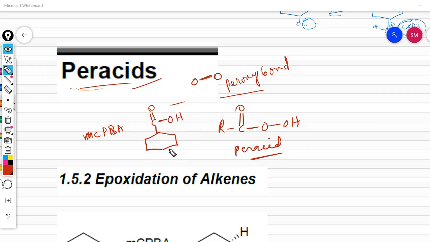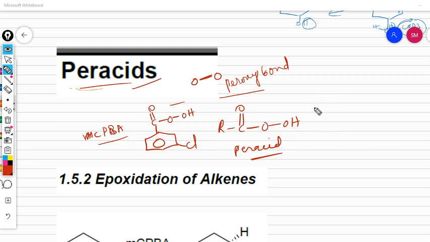If the benzoic acid is having a peroxy bond, then it is said to be peroxybenzoic acid. If it is having chlorine at its meta position, it will be called metachloroperoxybenzoic acid.